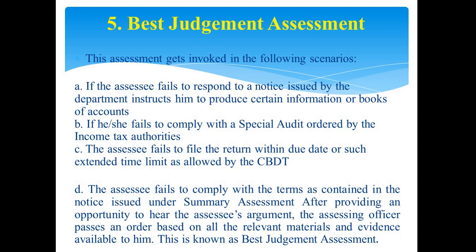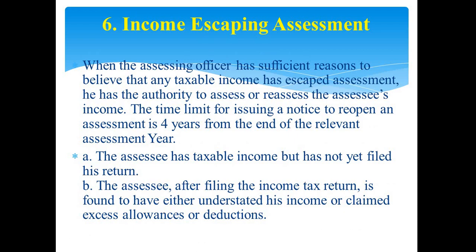But if any individual taxpayer fails to audit his income, in that case the income tax department goes for the best judgment assessment. At the same time, if any individual taxpayer does not file his return within the stipulated due date, then they can go for the best judgment assessment. So these are some of the scenarios in which the income tax department can go for the best judgment assessment.